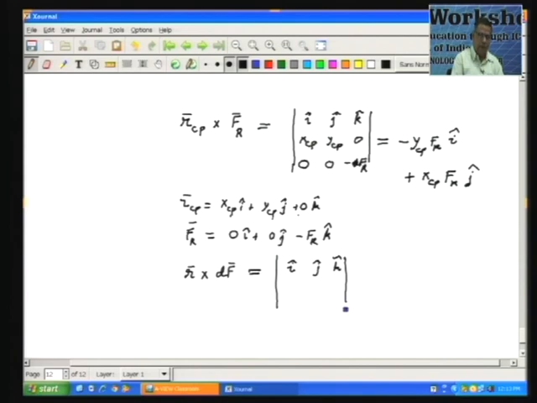Now, for the point on the surface, again z is 0 and you have x and y. So, this R is a position vector of a point on the surface which has z equal to 0, and the third row is going to be 0 0 and minus dF. The reason being R is x i plus y j plus 0 k.